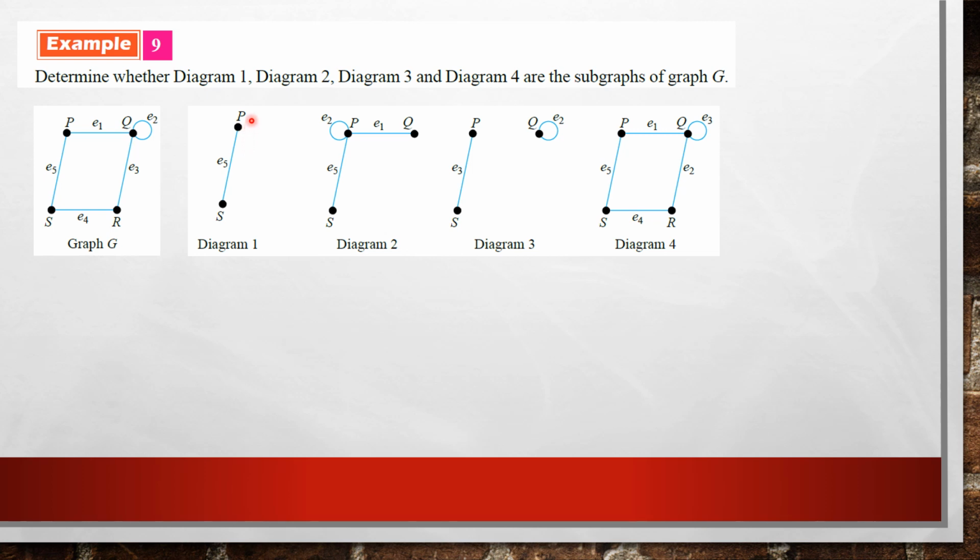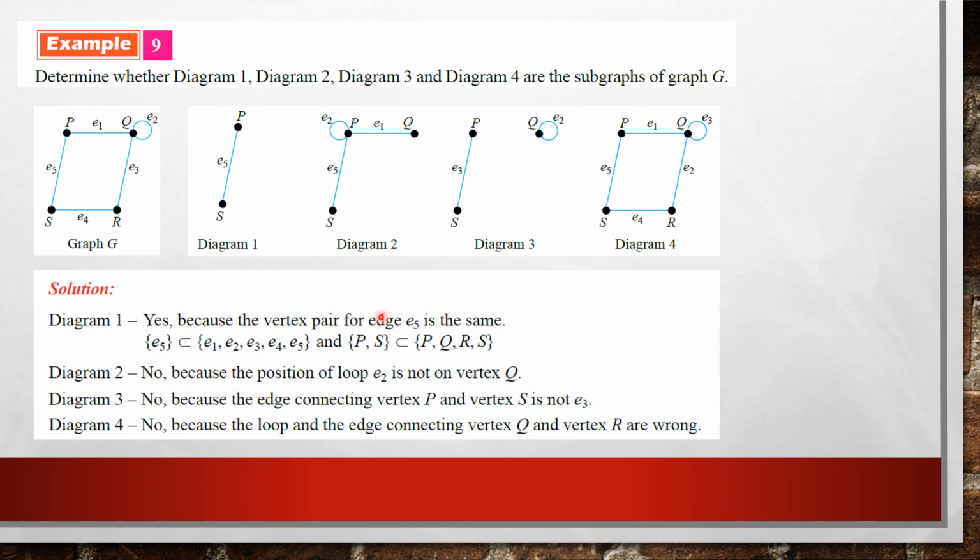Diagram 1 gives one part of the graph, that is the vertex P, okay, correct, and vertex S, okay, also correct. And the line that connects vertices P and S, the name of the line is E5, same as graph G. So diagram 1 is the subgraph of graph G. We can look at the solution, diagram 1.